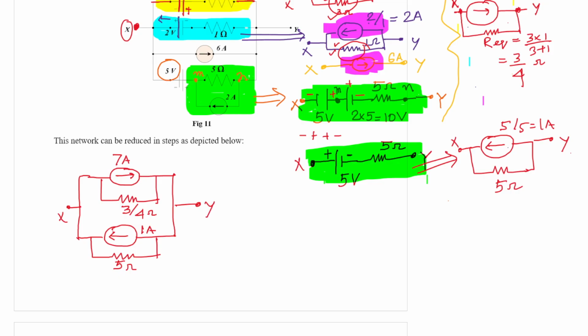So from this assembly again we can use this philosophy.